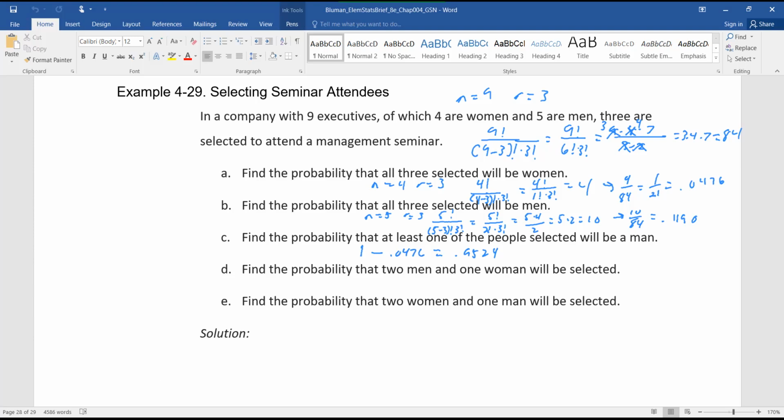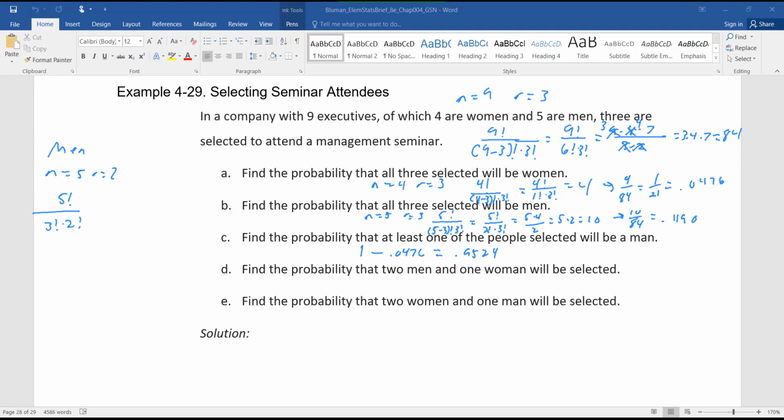The process I was doing in my head was if I need exactly 2 men to be chosen, my n is 5, my r is 2. So this will give me 5 factorial over 3 factorial times 2 factorial. Do y'all need to see me subtract there?